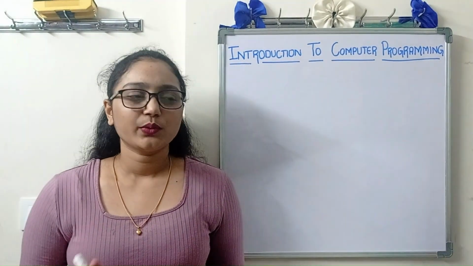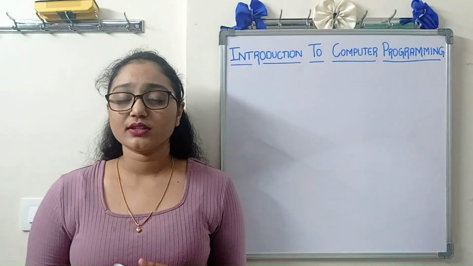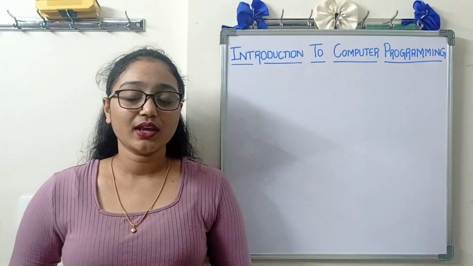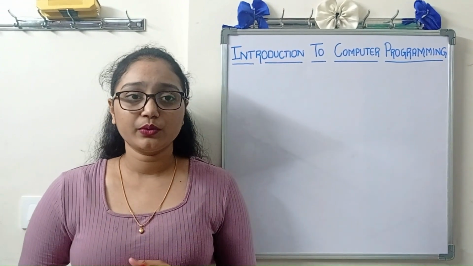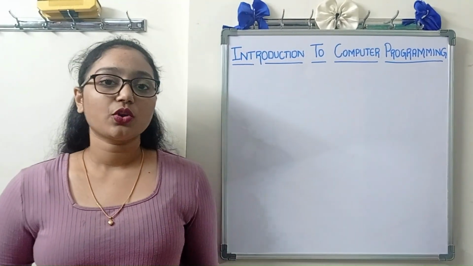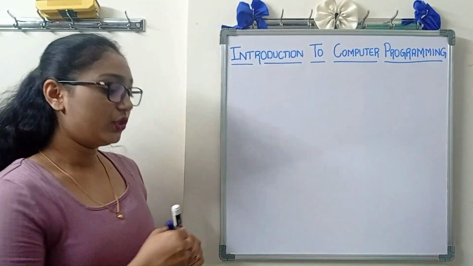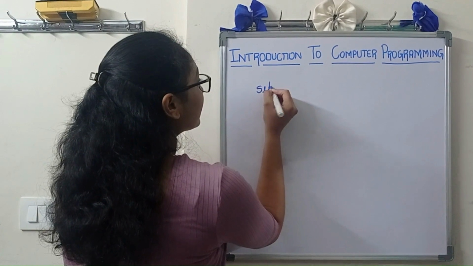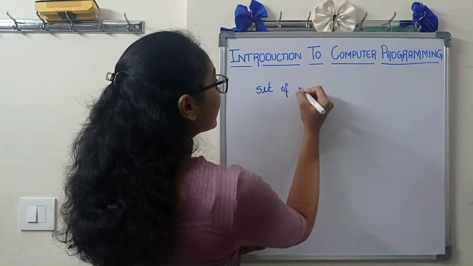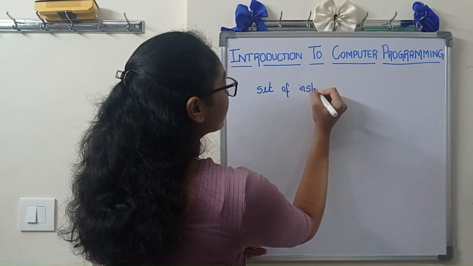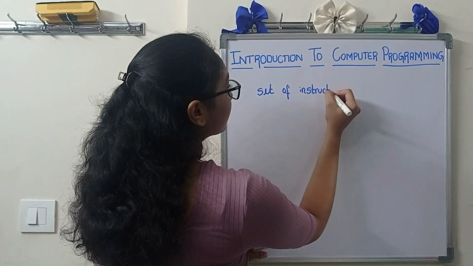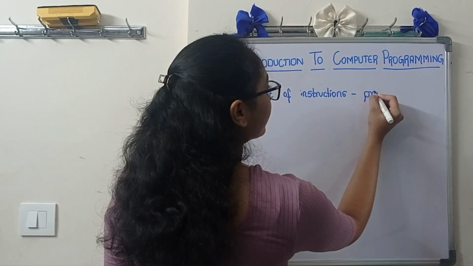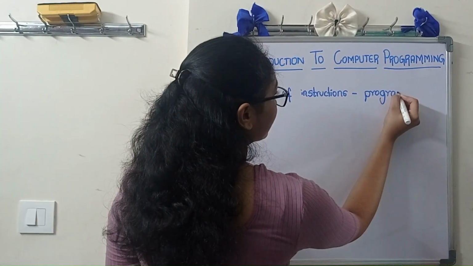We can't communicate with the computer in the common languages that humans speak, for example, English, Hindi, or any other language. Then, how do we communicate with the computer? We give a set of instructions, and this set of instructions is called a program.